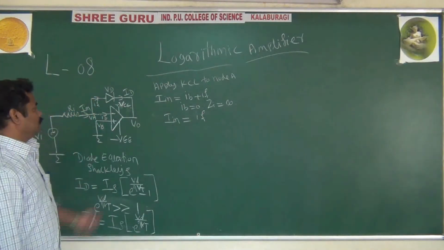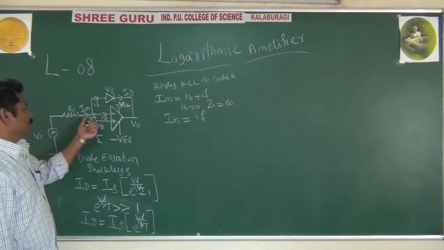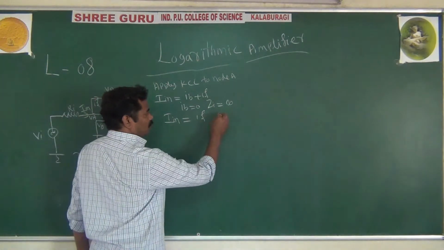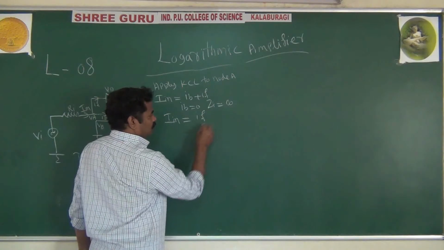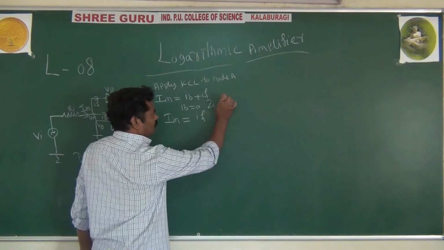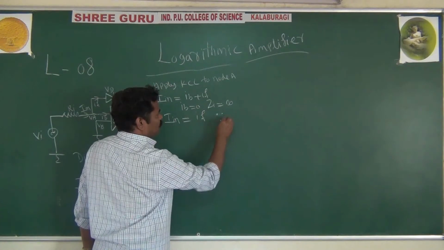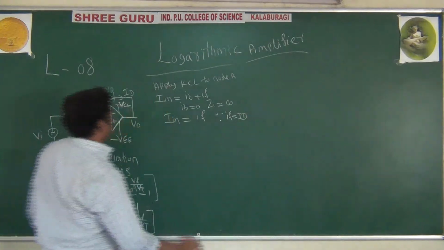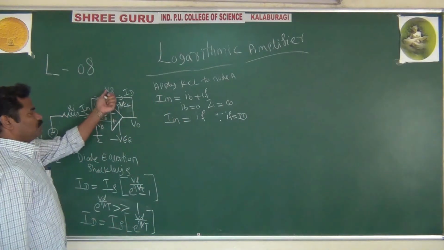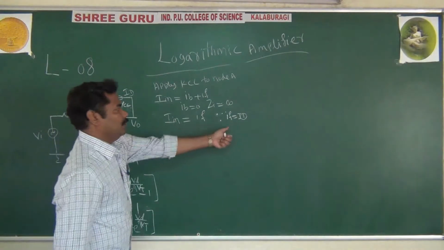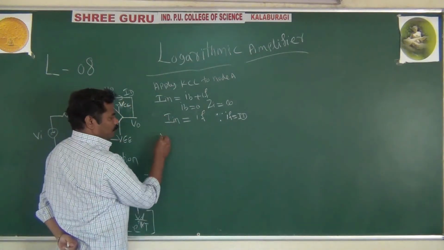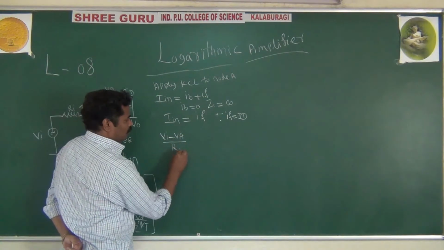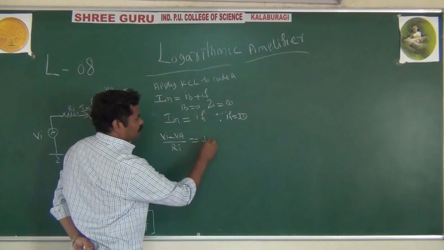And as usual, IN we can write as Vi minus VA by RI, and in case of IF we can write IF is equal to ID, because in case of using the diode, IF is equal to ID. Then we can write Vi minus VA by RI, and in place of IF write ID.